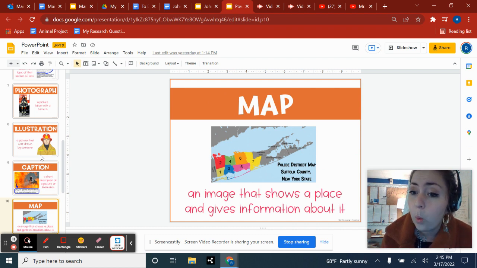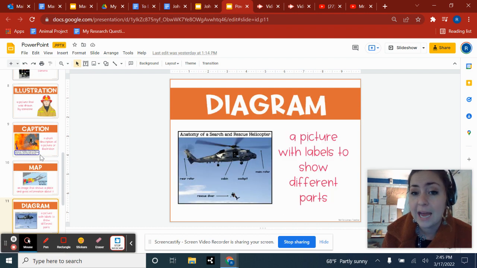A map is like what you see here. It shows you where something is located, a place, and usually a map is given to help you understand where something will happen or has happened. A diagram. Diagrams are always to show you the parts of something. For example, in this case, we have a helicopter, and it's showing you the different parts of the helicopter.